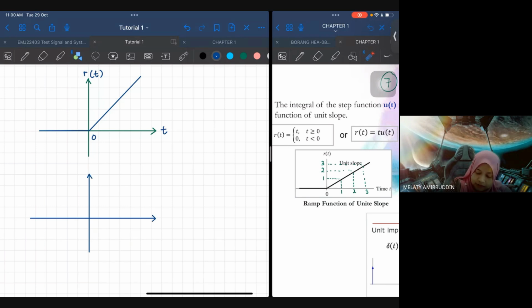Okay. Shift the signal to the left by 1 step. It becomes like this.